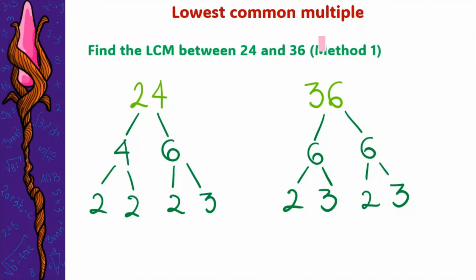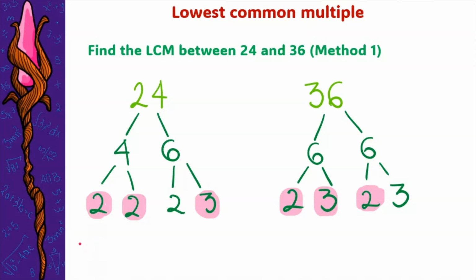So the idea with the lowest common multiple is to take the numbers that repeat. For example, the 2, they have it in common once and twice. And the 3, they have it in common once.